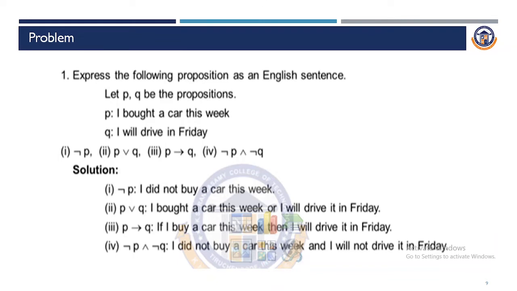P or Q is: I bought a car this week or I will drive in Friday. P conditional Q is: if I buy a car this week, then I will drive it in Friday. Negation P and negation Q is: I did not buy a car this week and I will not drive it in Friday.